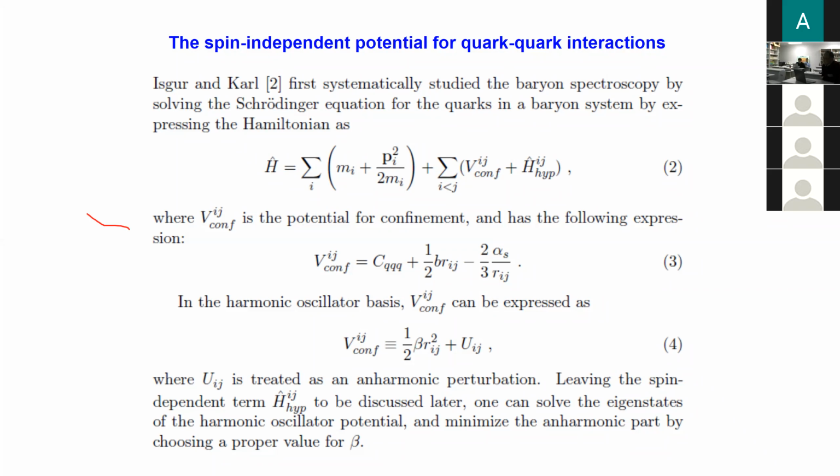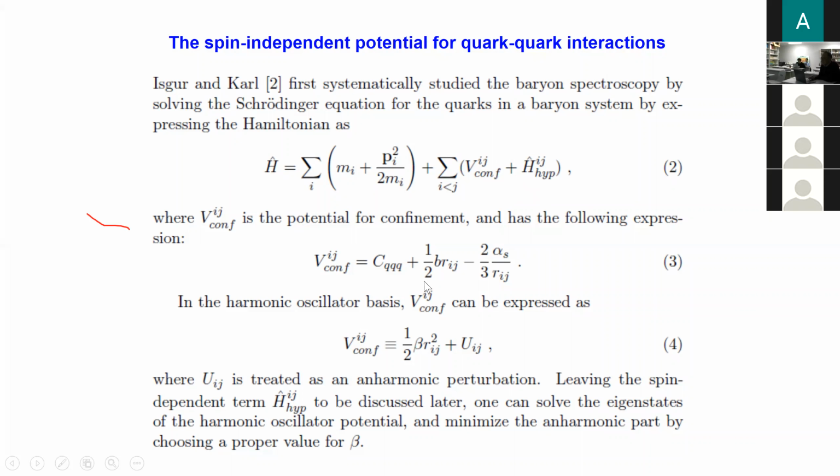So the usual way to write down the Hamiltonian, of course, contains the static mass, kinetic energy, and the potential, including the confinement potential and the hyperfine splitting part, which is a spin-dependent force.